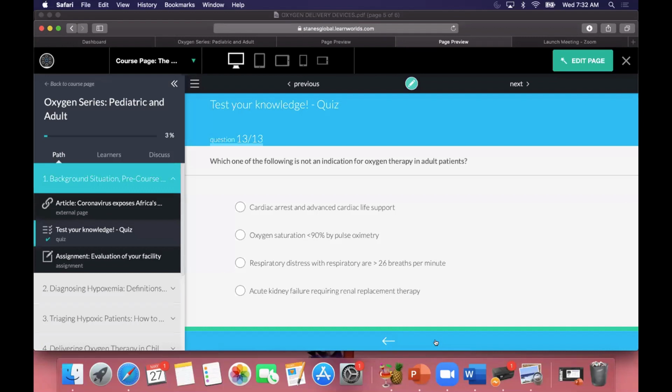Which one is not an indication for oxygen therapy in adults? Wonderful. So the answer is renal failure is not an indication for oxygen therapy.